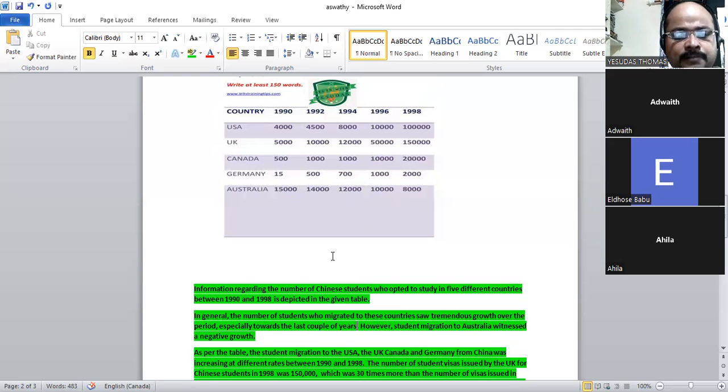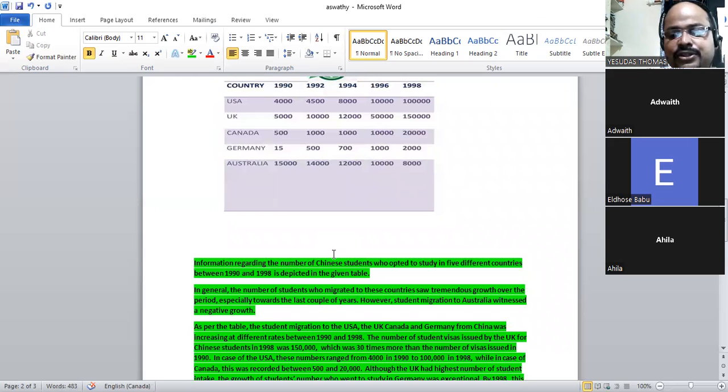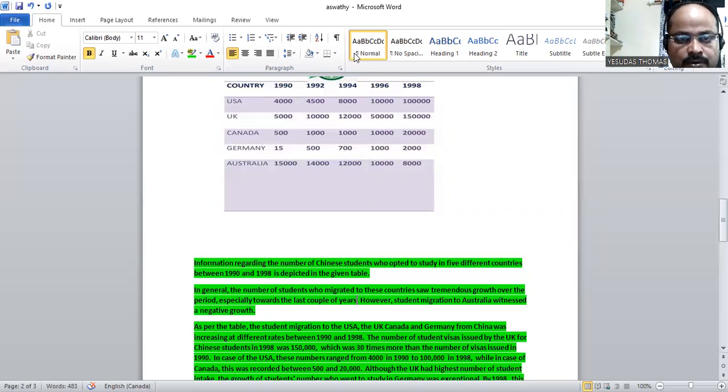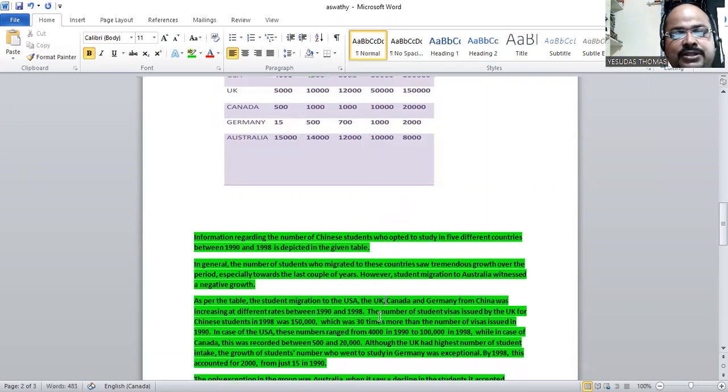Now, as for the table, the student migration to the USA, the UK, Canada, and Germany from China was increasing at different rates.